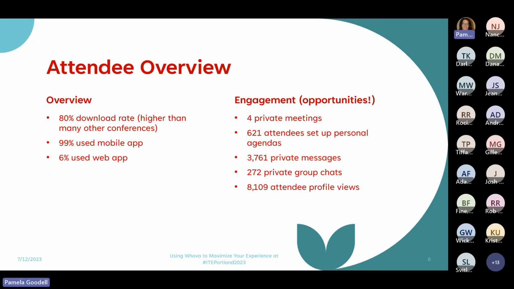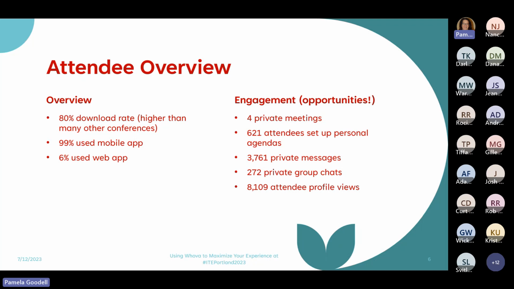Of the 80% that downloaded it, 99% used the mobile app, while 6% used the web app. And then in terms of engagement, this really shows where the opportunities are. These aren't the highest of numbers, and I anticipate that the numbers can be higher this year, but you can see the power that the app provides. So there were private meetings set up.